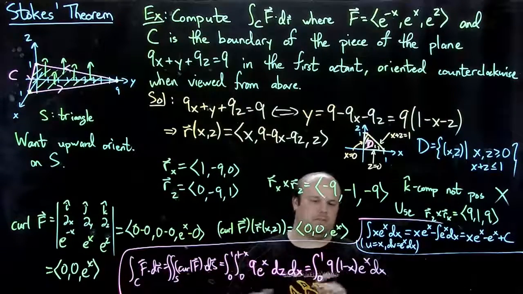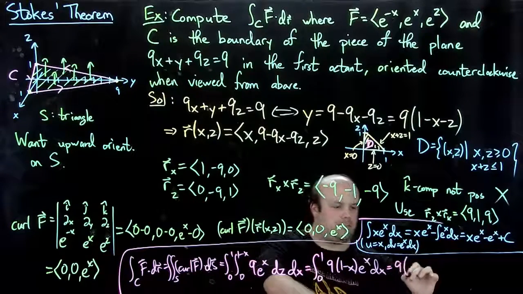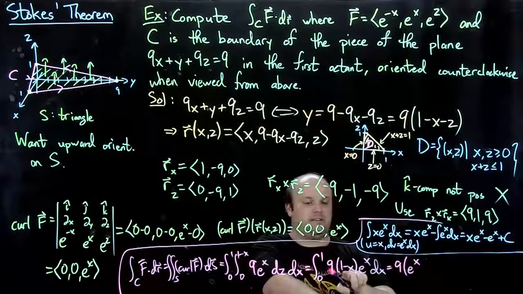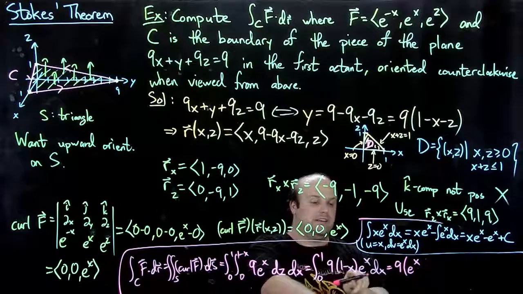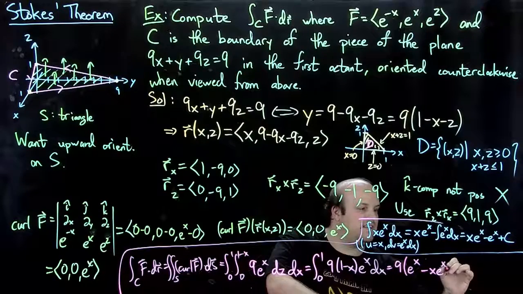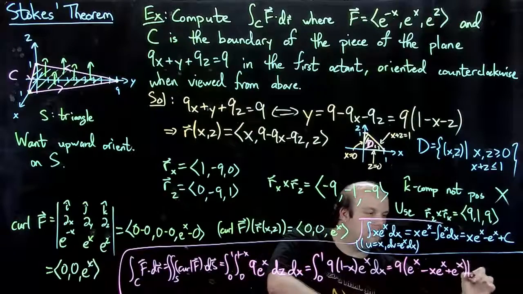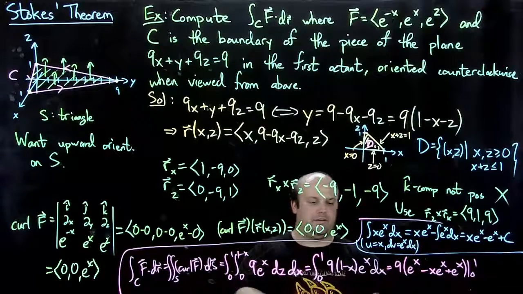All right. So we integrate this. Let's pull out the 9. And we get e to the x from integrating the 1 times e to the x. Then minus all this stuff, minus x e to the x, so minus this minus is plus e to the x, from 0 to 1. All right?